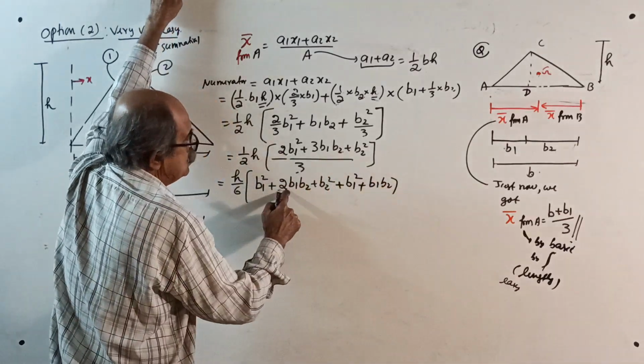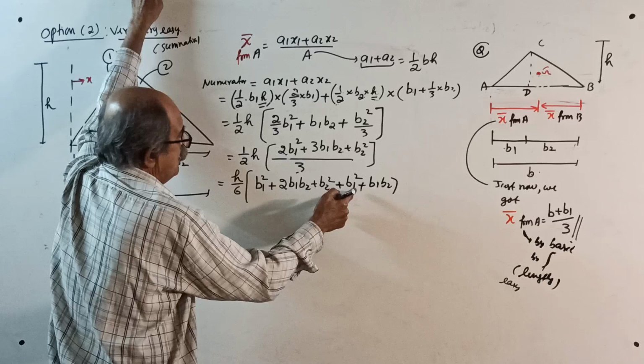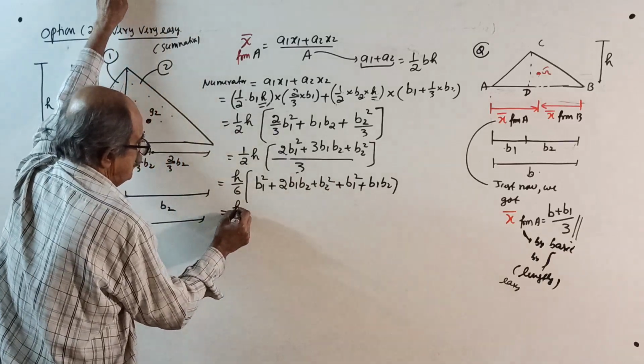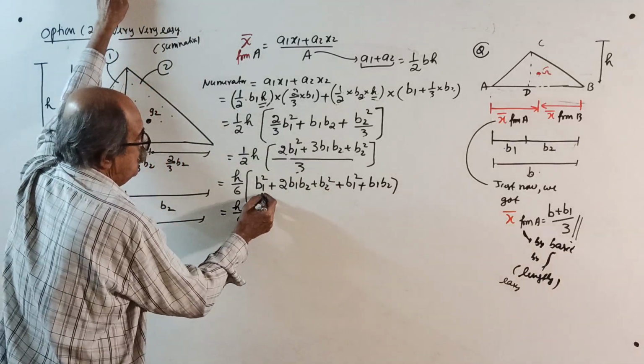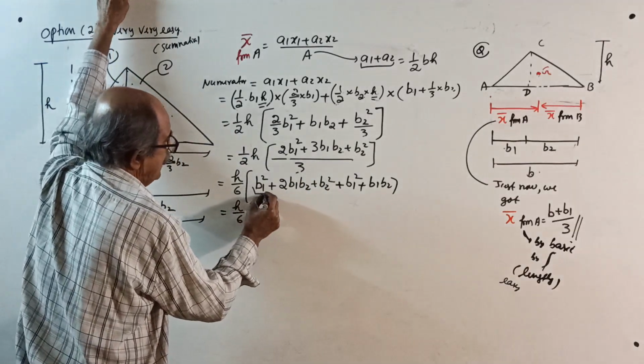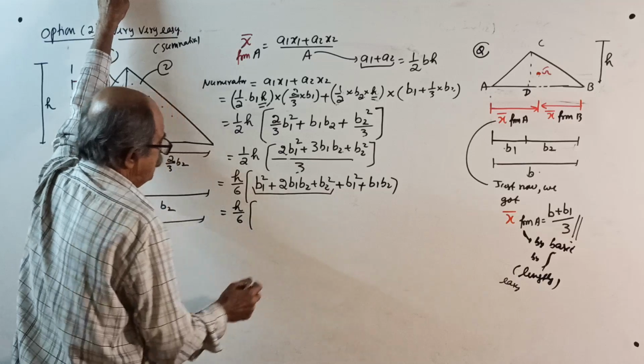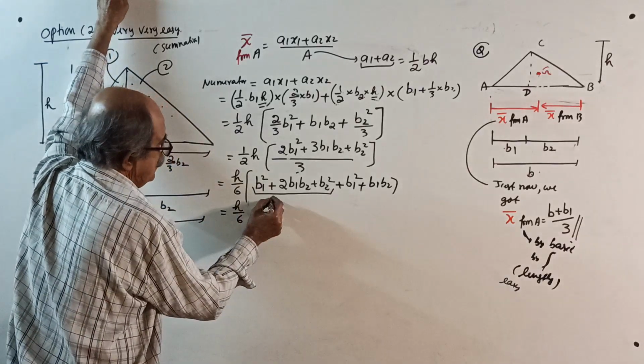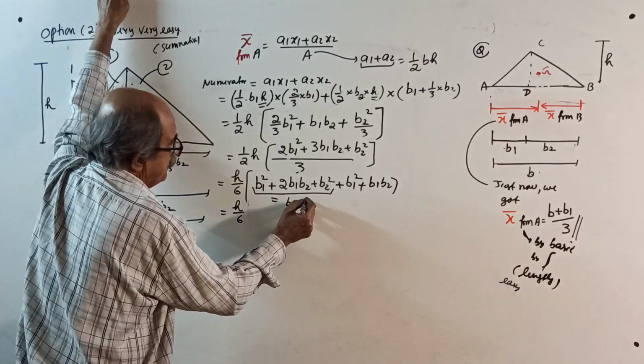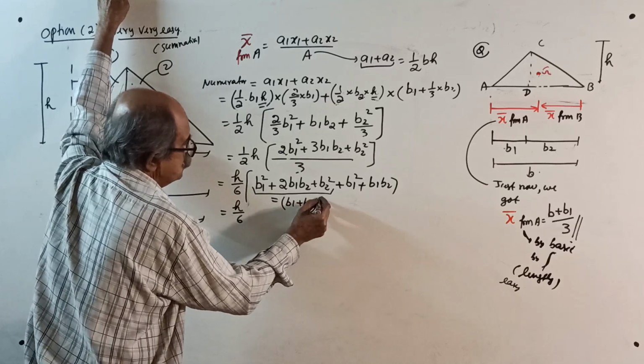Simple. This 3 you make 2 and 1, this 2 you make 1 and 1, or equal to h by 6 into b1 square plus 2 b1 b2 plus b2 square, which is equal to (b1 plus b2) whole square.